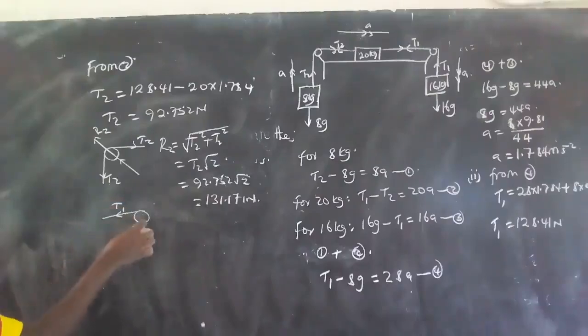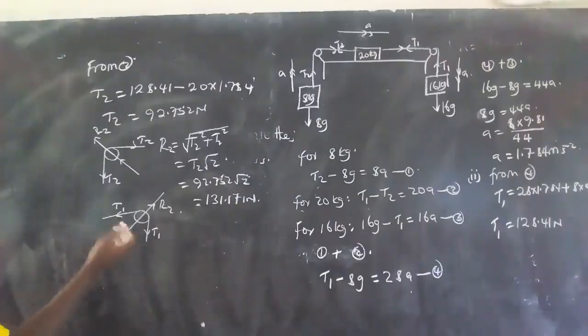Now for the other one, it's like this. This is T1. So the normal reaction is this one, the resultant of the two forces.